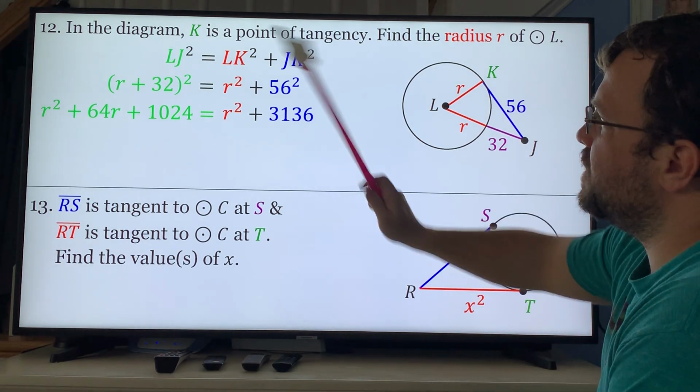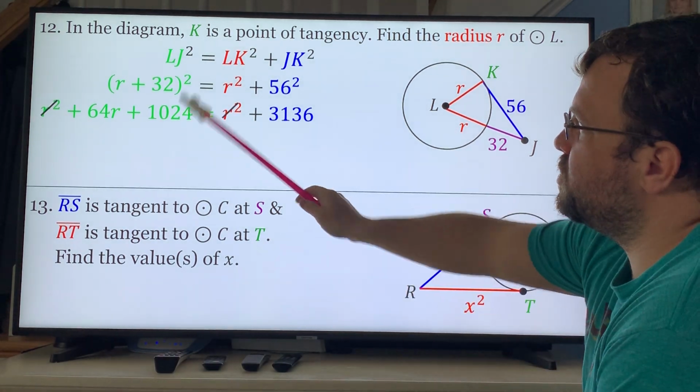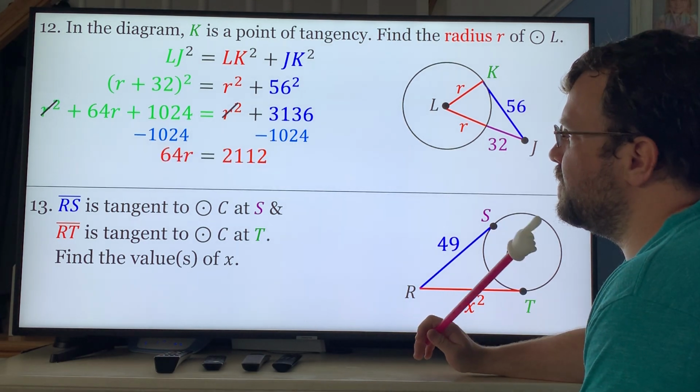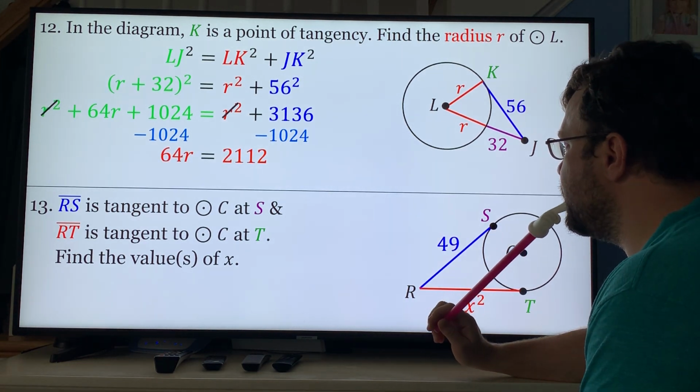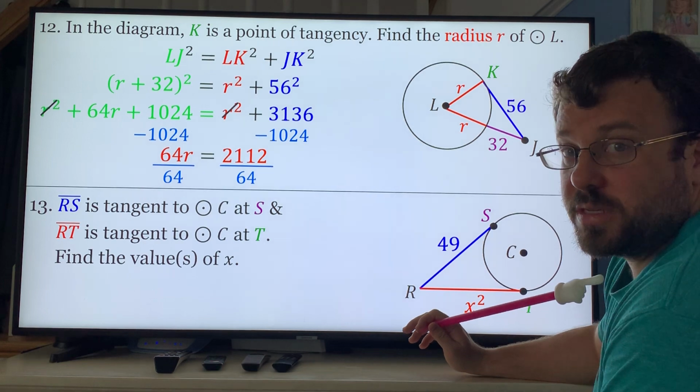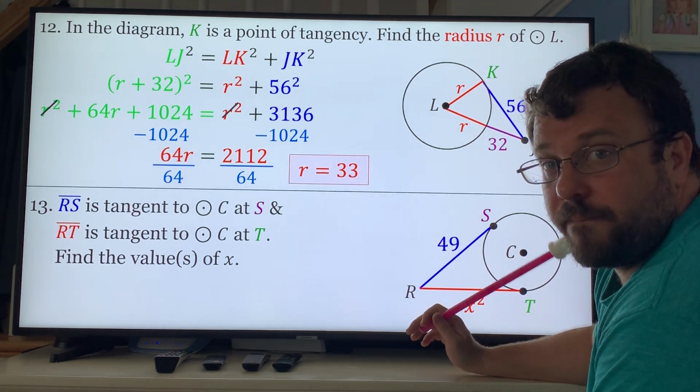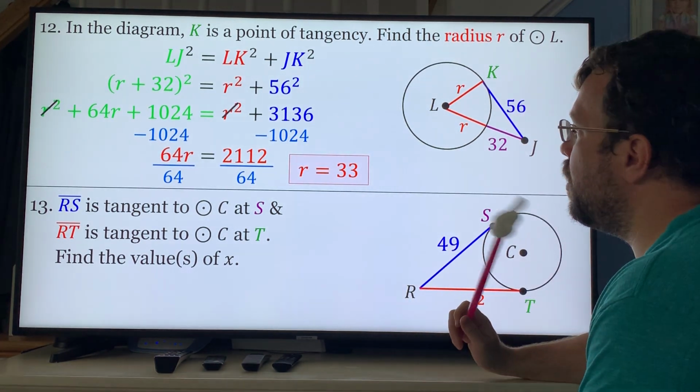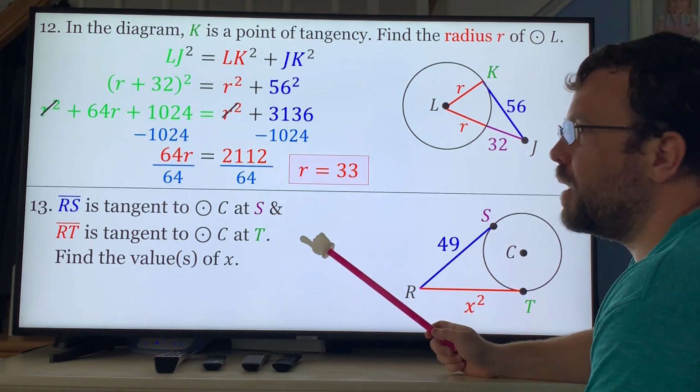Cancel out the r squareds. Subtract 1024, you get 64r equals 2112, and you divide both sides by 64 to get 33. Good? Awesome.